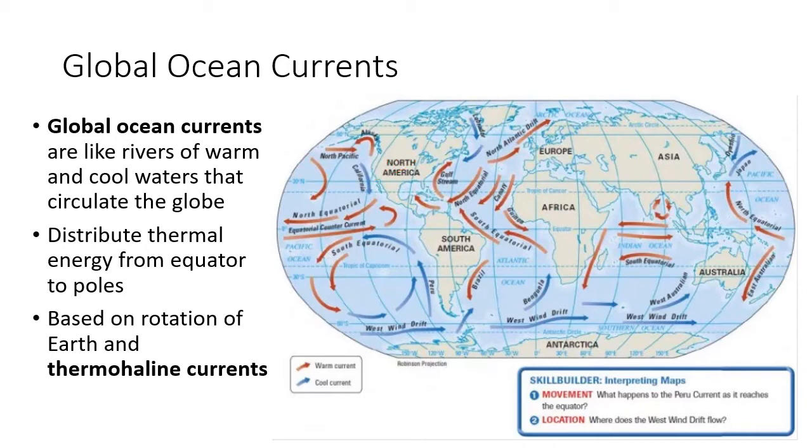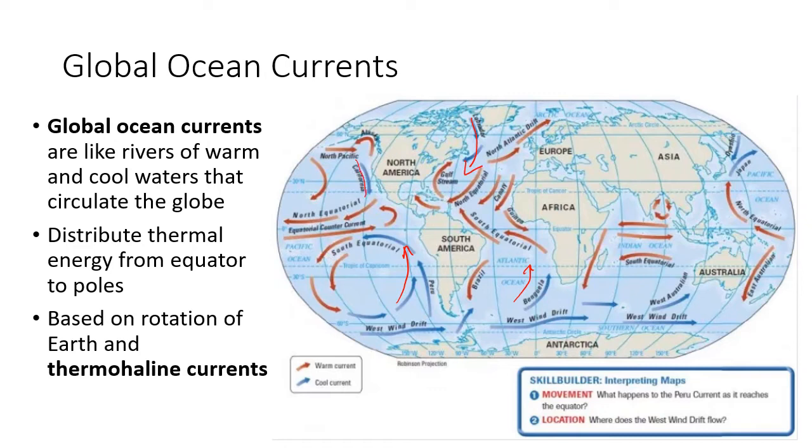We also have distribution of energy in the oceans. So the reason that the poles aren't completely frozen solid and negative 100 degrees Celsius, if that were possible, is because they do have warm ocean currents that move up towards the polar regions, right? The reason that the equatorial regions are not 150 degrees Celsius is because they have this cool water moving from the polar regions down towards the equator.